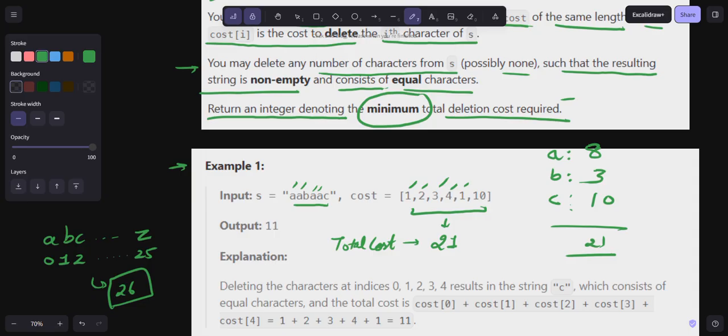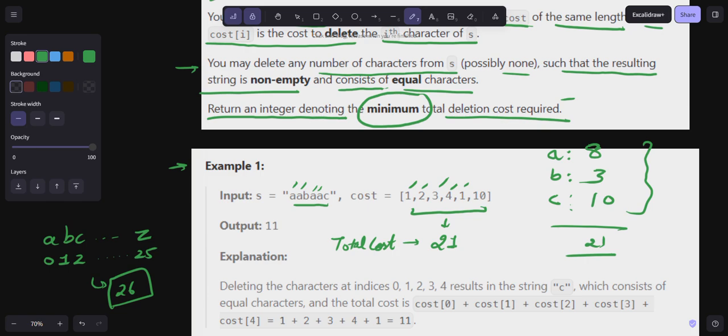Now among this, what we need to do? We have to return an integer denoting the minimum total deletion cost required. Minimum total deletion cost required, right? So among all these, I need the minimum deletion cost.